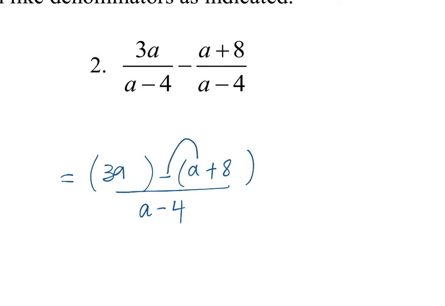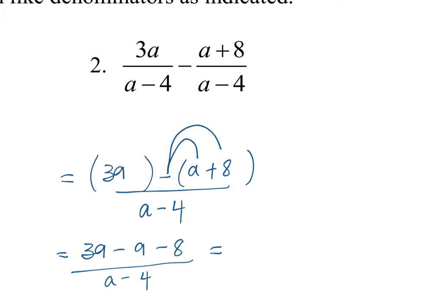The only thing that you need to be careful with is distributing that negative sign. So I'm basically saying 3a minus 8 all over a minus 4, which will give us 2a minus 8 over a minus 4. The subtraction has been completed.